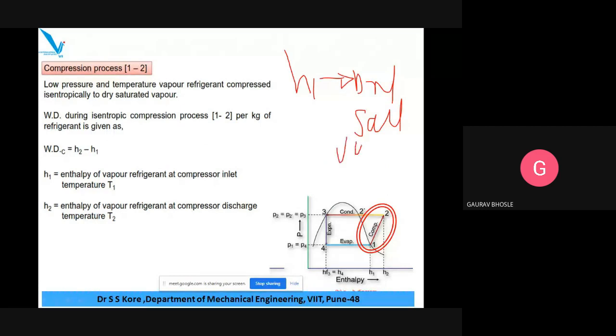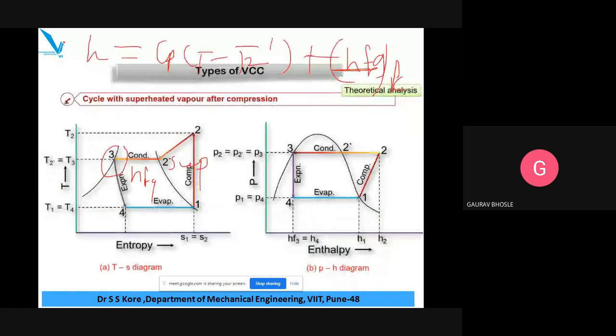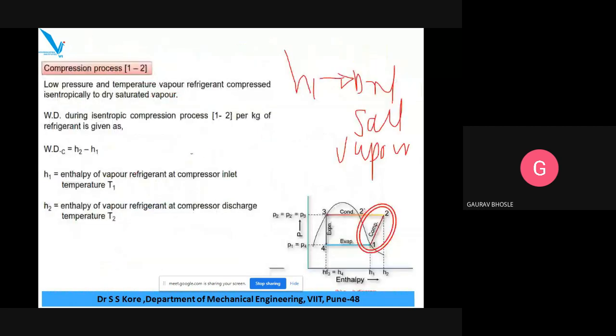At temperature T1, the property table is given, and from the property table you directly find Hg, that is the enthalpy of the dry vapor. Suppose T1 is minus 10 degrees centigrade and T2 is 30 degrees centigrade. So at minus 10, you have to refer Hg.